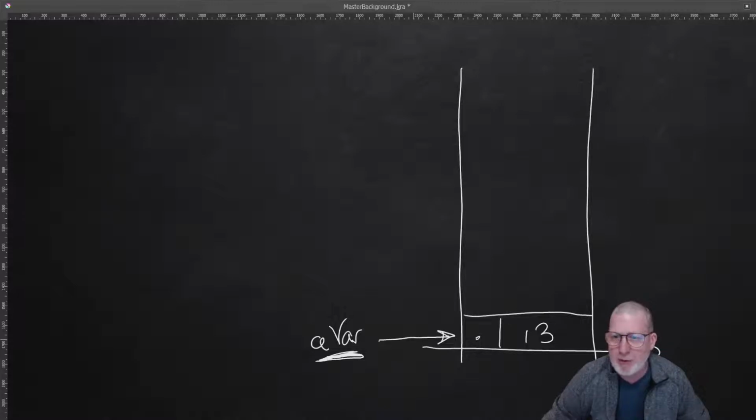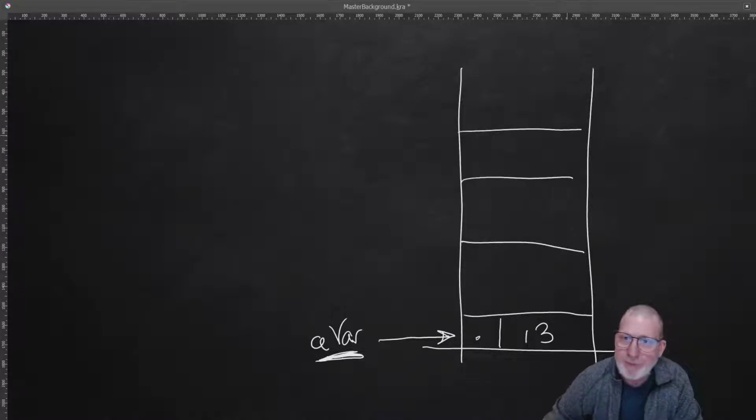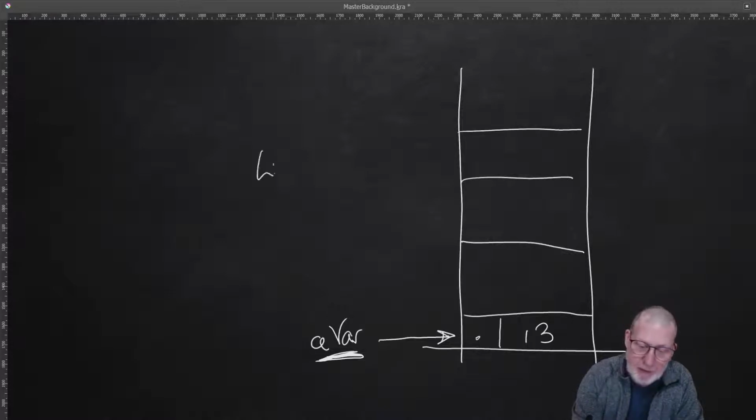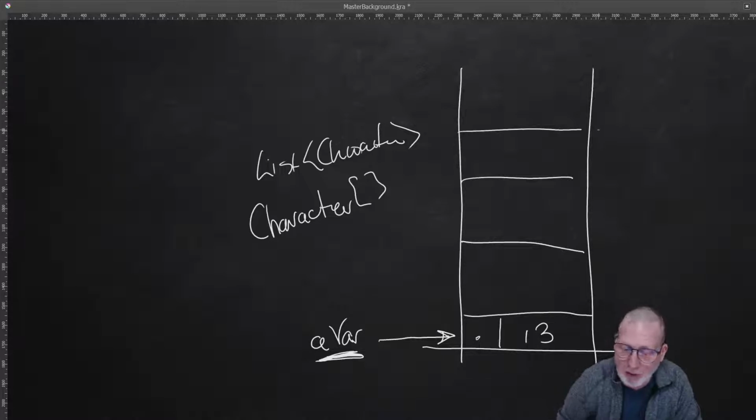For instance, if I'm walking through a list of data structures that represent characters on the screen, let's say I've got characters. In C#, I might have to have a list of characters, or I might have to have a character array to contain all of the items in the list.